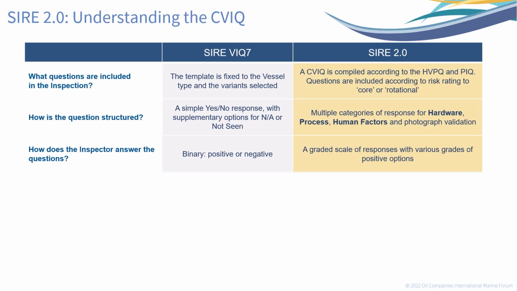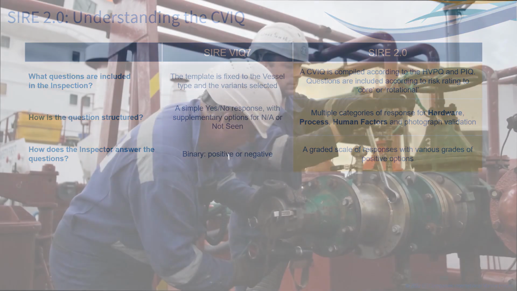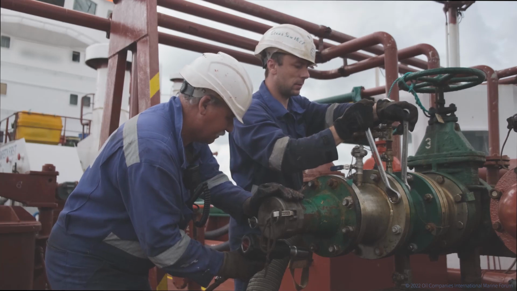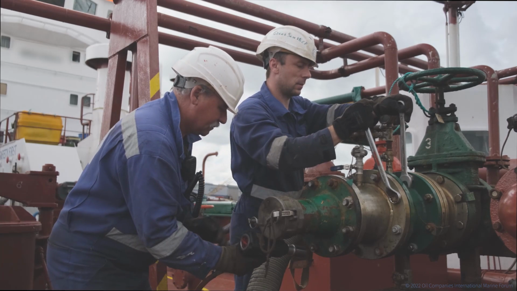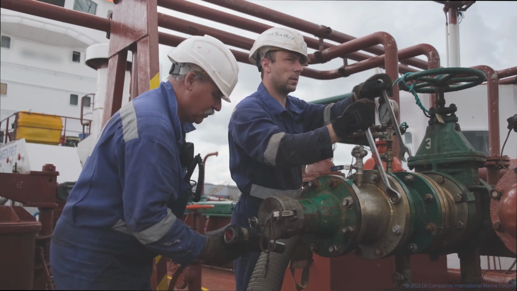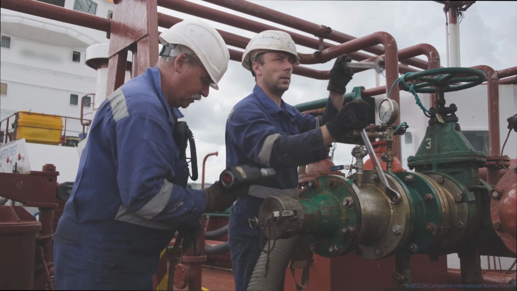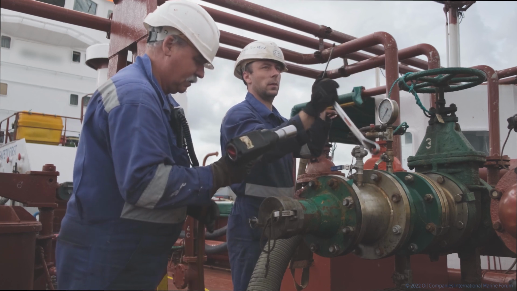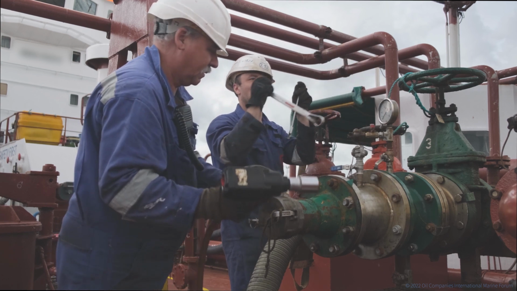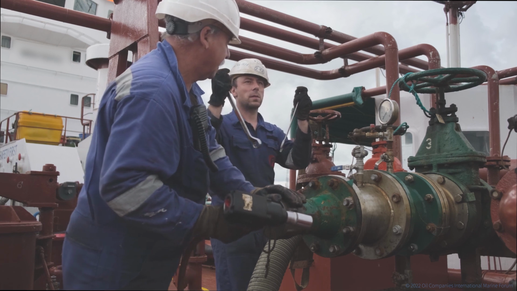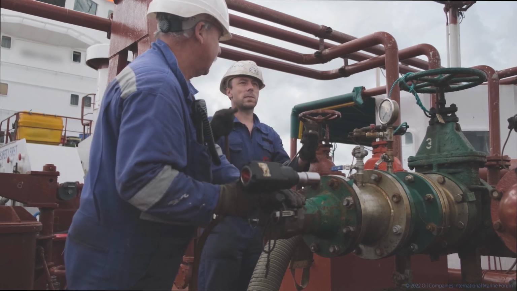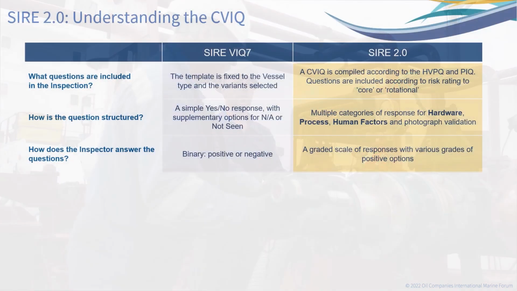All questions in a VIQ7 inspection required a simple yes/no binary response, with supplementary options for not applicable, NA, or not seen, NS. The SIRE 2.0 inspection has moved away from the existing VIQ7 question styles, with questions that now require graded responses for hardware, process, and the human factor elements of each question. The inspection also requires the inspector to validate photographs submitted by the operator.